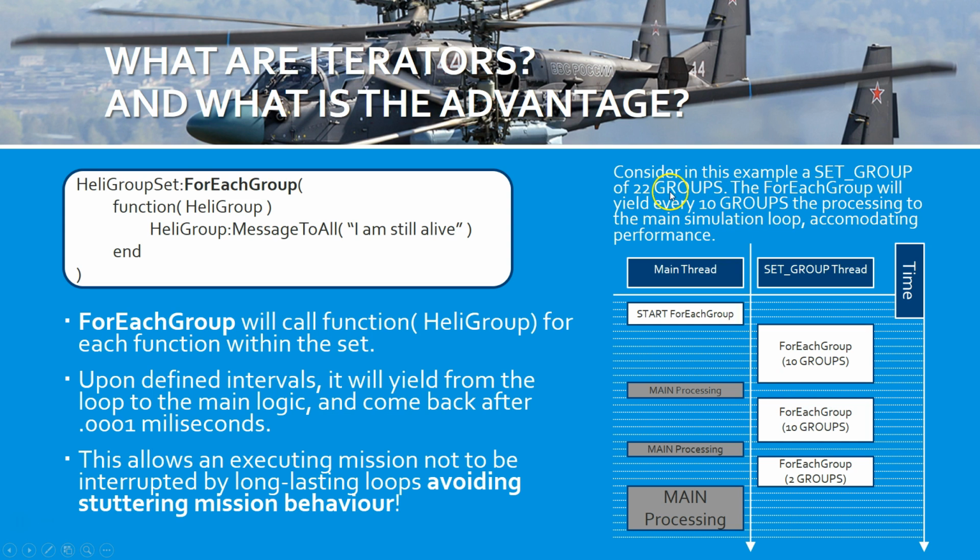So if you got 22 groups, you'll find that the setGroup thread, the for each group function, will actually execute within 3 steps the complete iteration. This may take a little bit longer, but it really prevents your mission from performing poorly.